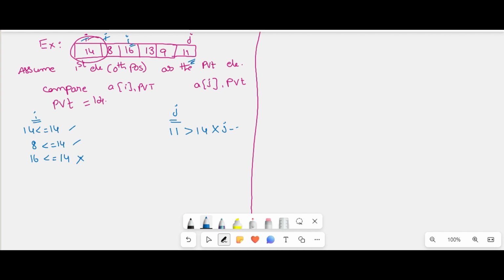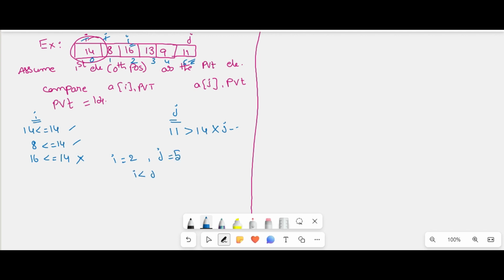Now I am writing the positions here: 0th position, first, second, third, fourth and fifth. What is the position of i? i's incrementation has stopped, and the i position is 2. What is the position of j? The j position is 5.